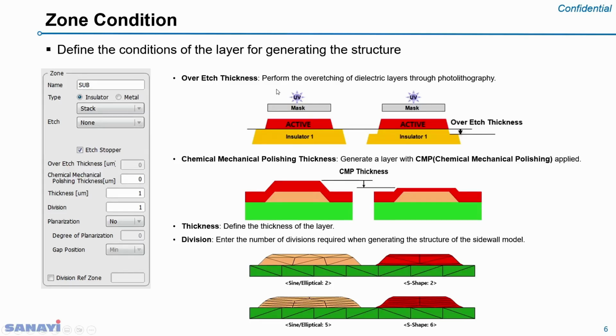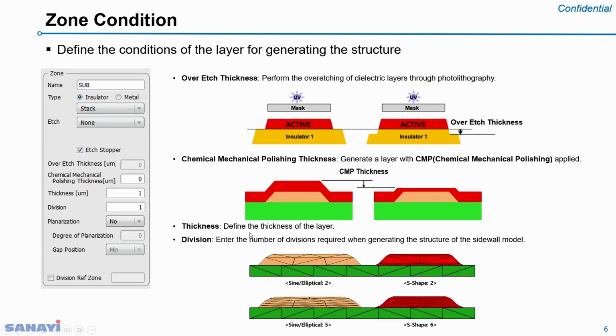By using overetch thickness, it is possible to generate the structure that is overetched as much as the entered thickness. And the next one is chemical-mechanical polishing thickness. Just enter the thickness to proceed with the CMP process.